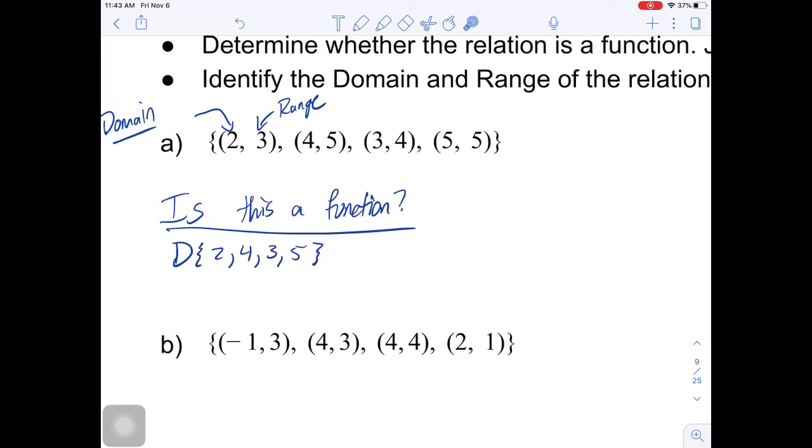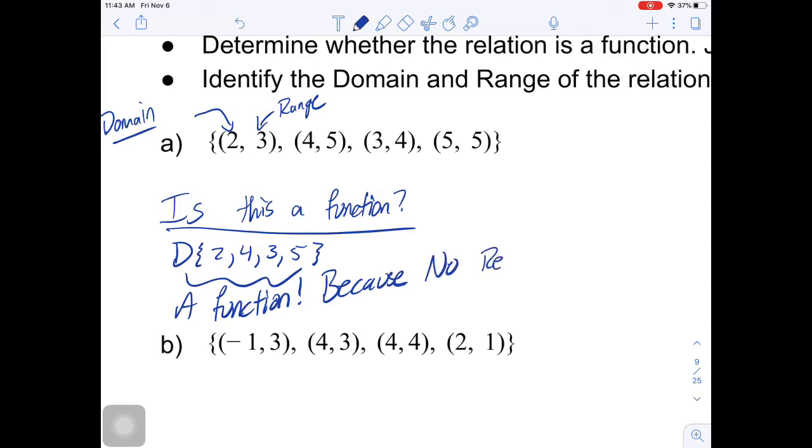Remember, those first values mentioned in each ordered pair is a domain. Recognize we only ever have these showing up once. So this is a function because no repeated values in domain.